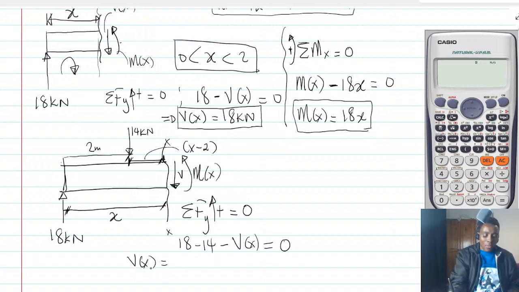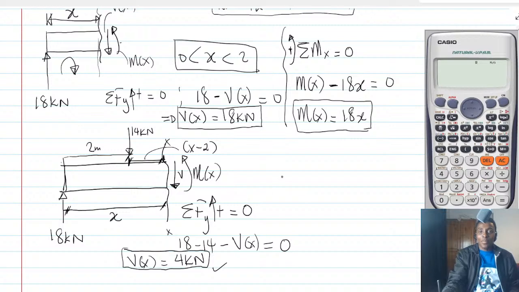So what then is the shear force? So the shear force is what? So the shear force is 4 kilonewton. Alright.